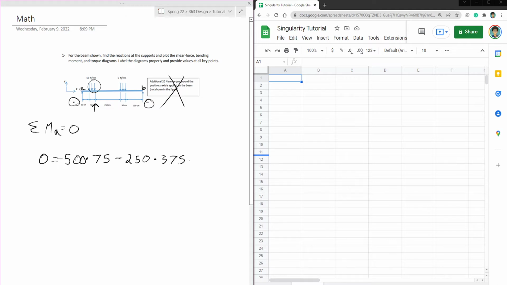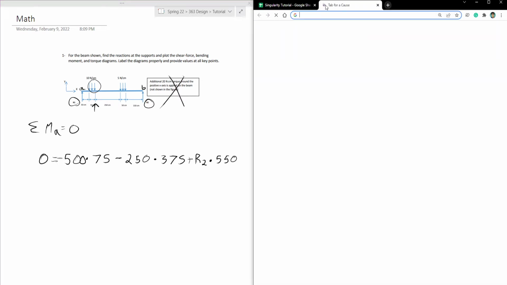And then finally we have our B force over here, so that's going to be plus R2, and it's located 550 centimeters.